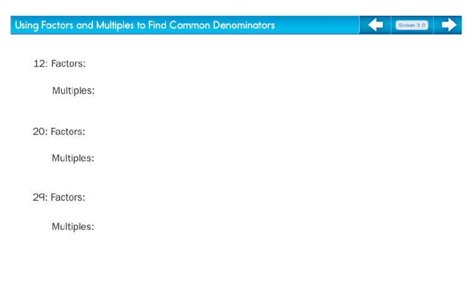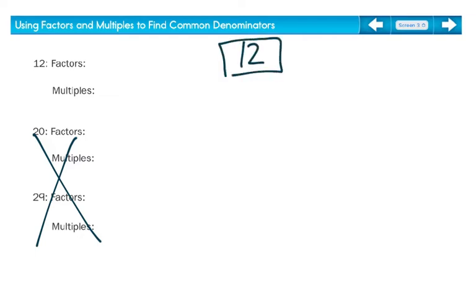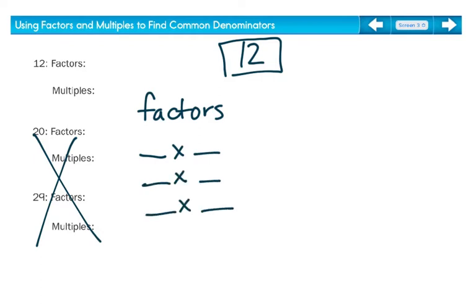I am going to have you on your whiteboard. We're going to take the number 12. So write 12 up at the top. We're going to write out the factors for 12. You can write them as factor pairs and stop when you get the turnaround fact, or you can just write them as factors in a list.